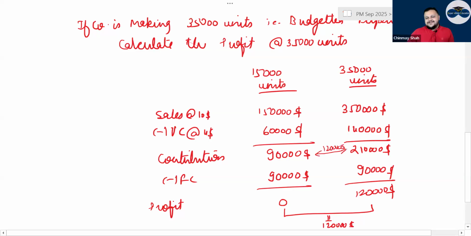So can I say that, boss, hear me out? After the break-even point, whatever contribution is earned on the additional 20,000 units, whatever 20,000 units are produced and sold, the contribution of that is simply profit.